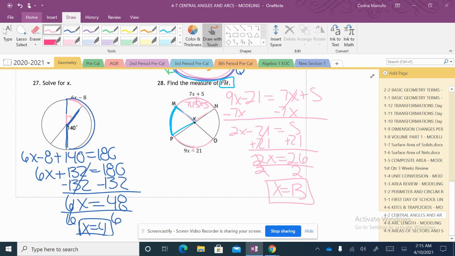So that means this angle here is 96, and this one should be the same thing if we did this correct. So then these two together should make a half a circle. So I'm going to do 180 minus 96. That gives me 84. So that means arc PM should equal 84 degrees. And that's it for me today. Thank you. Bye.